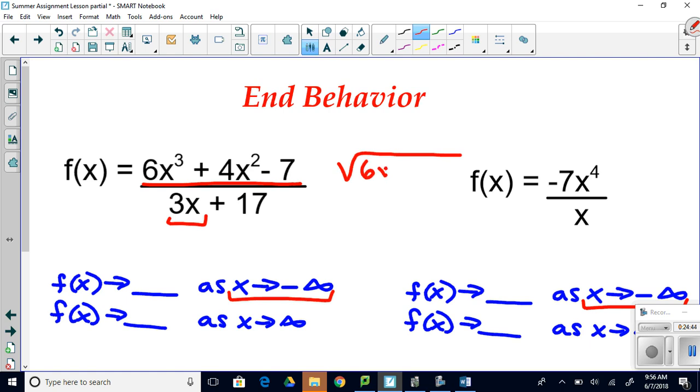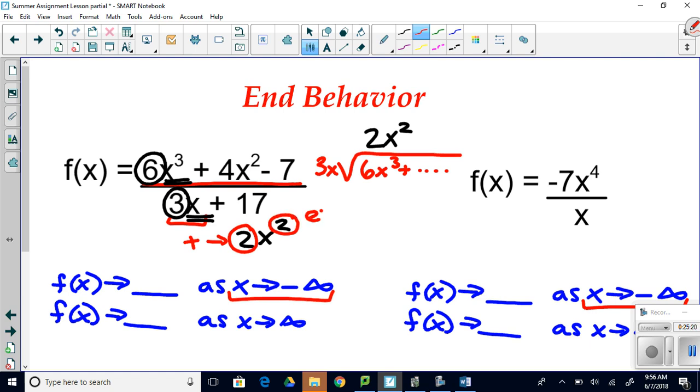All I really need to know is what those two divided will give me. So 6 divided by 3 is a positive 2. x cubed divided by x is x squared. So positive divided by positive is positive. The exponents, I subtract exponents when I divide, so that's x squared. So this is going to have the same end behavior as a positive even function.